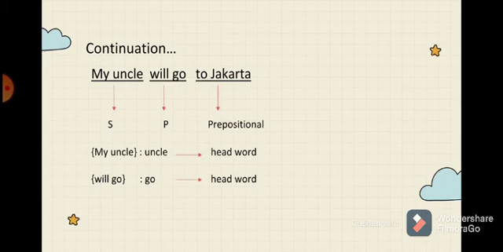So the word will can be removed. So it's just the word go. And the third, to Jakarta, is an exocentric phrase, because the phrase to Jakarta doesn't have the same distribution. So the phrase must be complete.